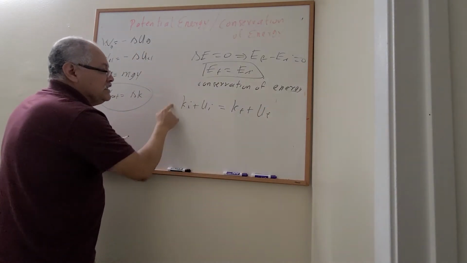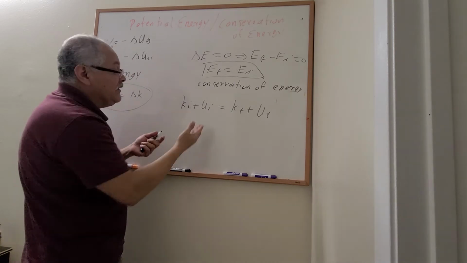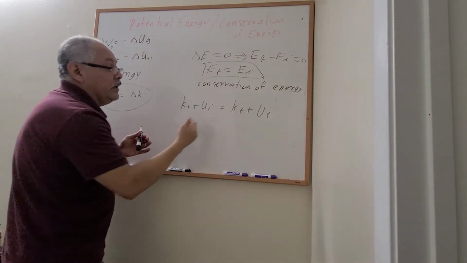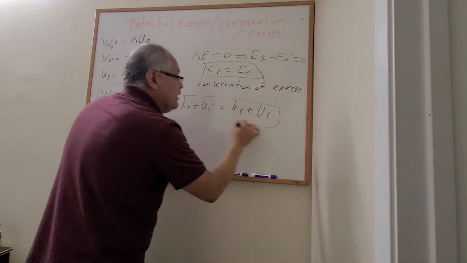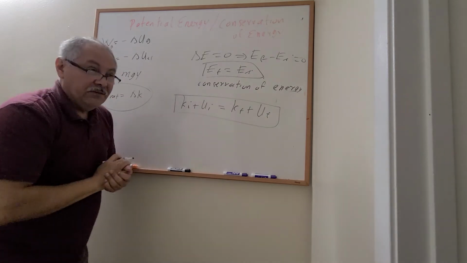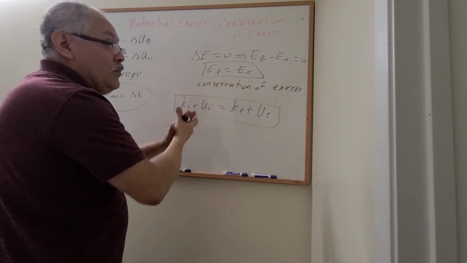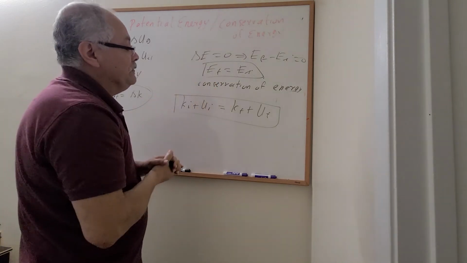This is the kinetic energy of the whole system, and the potential of the whole system, which could be elastic plus gravitational. The same thing on the other side. This is the same as conservation of energy, and this is happening only when we have no friction. Okay, we have this representation.